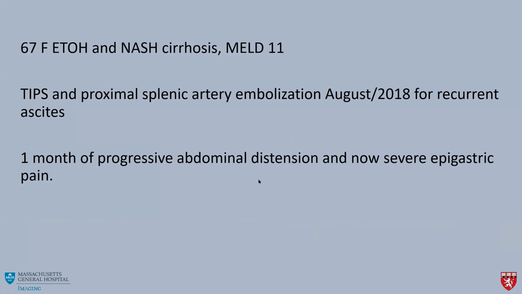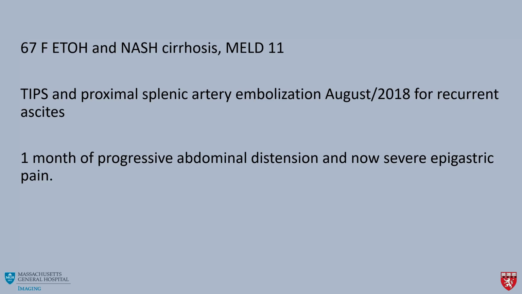So I have a 67-year-old with a MELD score of 11, past medical history of cirrhosis, secondary to alcohol and NASH, with recurrent ascites. And the patient had a primary TIPS placed back in 2018. Since the TIPS was performed, the patient had been doing well without requiring repeat paracentesis.